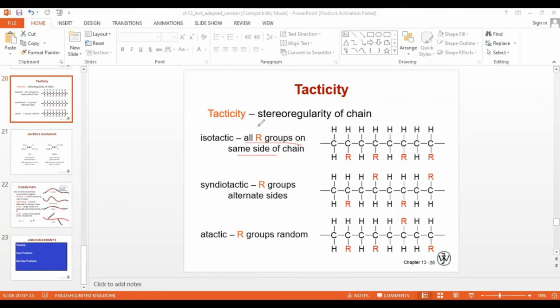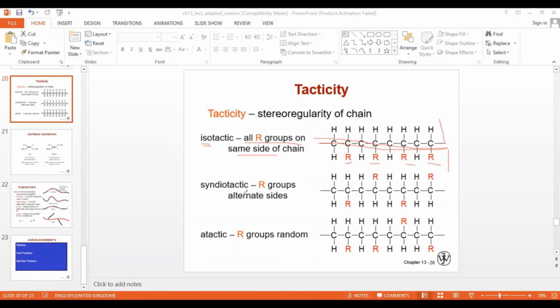R can be anything, a chlorine or fluorine or bromine or phenyl or benzene, whatever it can be. So this is the chain, this is one side of the chain, and this is the other side of the chain. If all the R groups are on the same side of the chain, this is called isotactic.